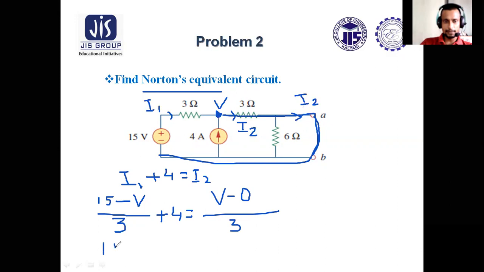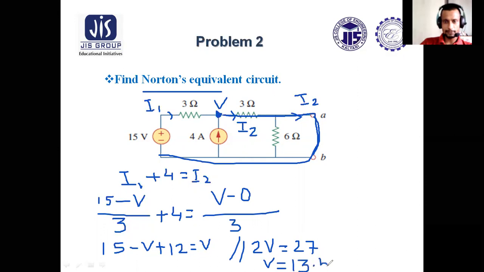So 15 minus V plus 12 equals V, or 2V equals 27. So V equals 13.5 volt.